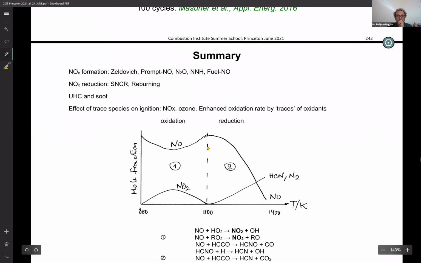So I will summarize what I said. We've seen that the formation of NOx can occur through different mechanisms.